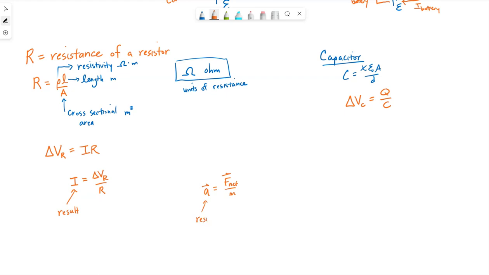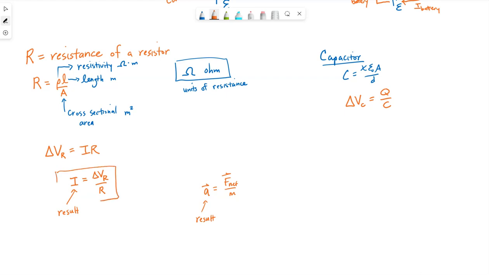The acceleration was a result or consequence of having a net force. And then its value depended also on the mass. So kind of an analogy here is this current, this flow of charges, is a result of having a potential difference supplied to a circuit. How much current flows depends upon the potential applied to the circuit as well as the overall resistance of the circuit. And that's what this is representing.